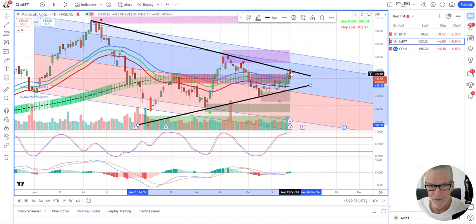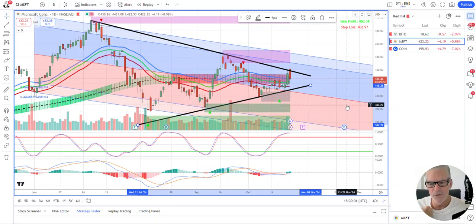Tried to break out yesterday, opened above with the rest of the market opening lower this morning off the bell. Microsoft had gapped up, and then it was trending down like everything else. And now we're right back into that consolidation period and pretty close to the middle of it. We've got overbought stochastics, way overbought stochastics, and everything else is downtrending. So there is your bearish signal.